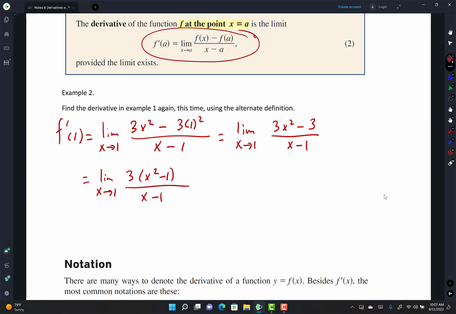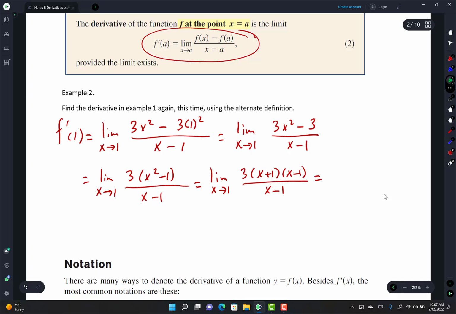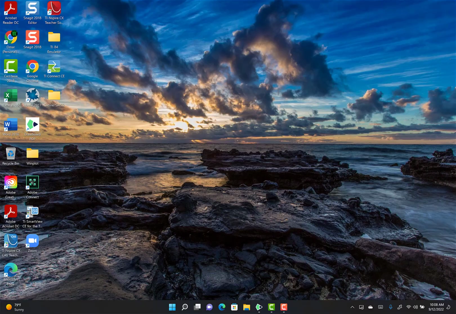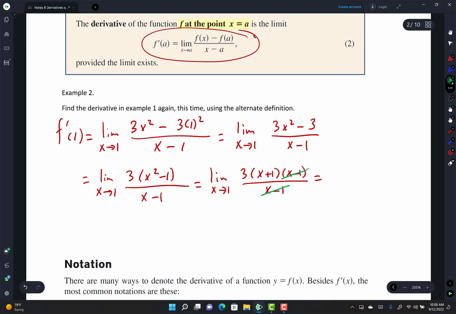And just like Abdul Karim told me, that's the difference of squares. Limit as x approaches 1, 3 times x plus 1 times x minus 1 over x minus 1. Notice the x minus 1's cancel out. And now I can just do direct substitution. What's 1 plus 1? And 2 times 3? Oh, 3 times 2?